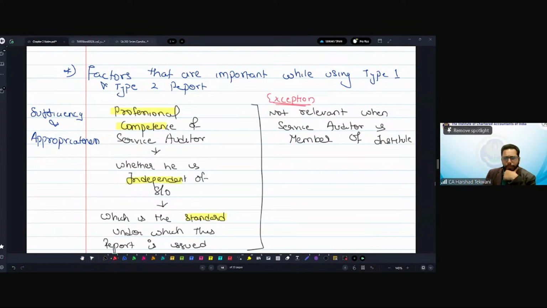No, might not be relevant. So can you repeat your question again? Apart from the sufficiency and appropriateness of the report, and whether the person is a professionally competent, independent auditor, which standard he has used, apart from this, am I required to check anything else?